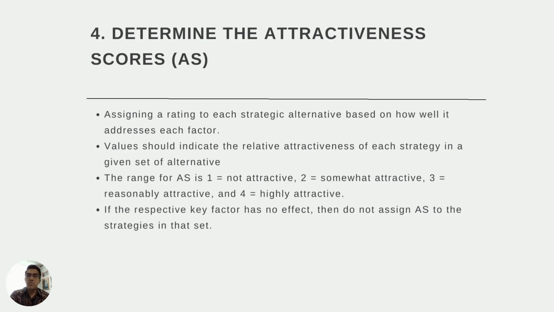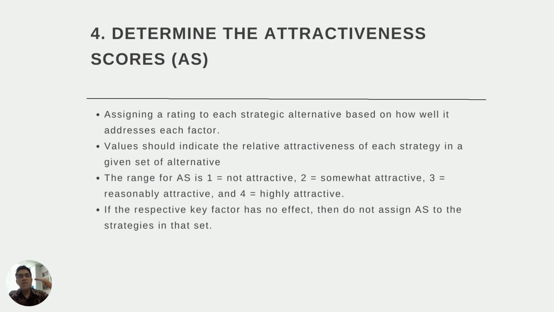And then this is the most important part, where you need to determine the attractiveness score for each of the variables in our strengths, weaknesses, opportunities, and threats that we have already identified. We are going to give them a score between 1 to 4: 1 as being not attractive, 2 as somewhat attractive, 3 as reasonably attractive, and 4 as highly attractive.